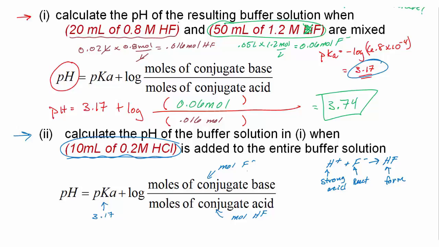Before we had 0.06 moles of that stuff. But it has to go down. How much does it go down by? It's the moles of the strong acid that you added. And what's that? Well, that's 0.01 liters times 0.2 moles per liter. Liters cancel. 0.01 times 0.2, well, 0.002 moles. So that's the amount that it has to go down by.